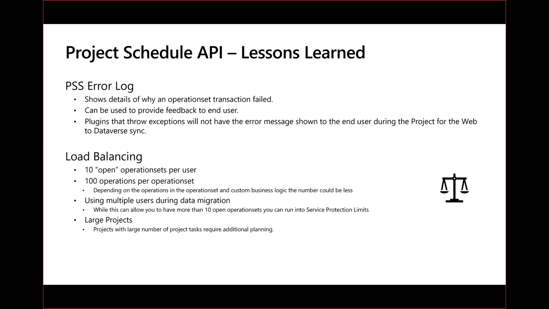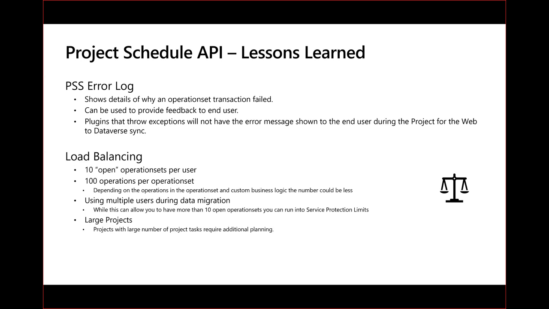But with the 100 operations, you need to look into whether it's still acceptable for your custom business logic as well. Sometimes that 100 might be a little bit too high. And typically, if you're trying to find out what is causing issues, having fewer transactions in your operation set makes it easier to find out.